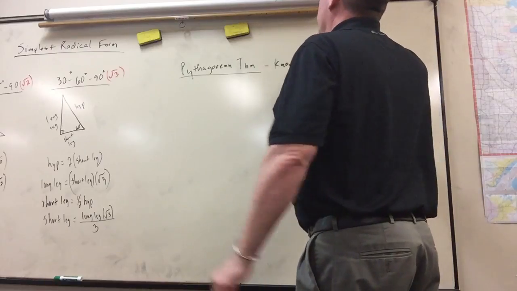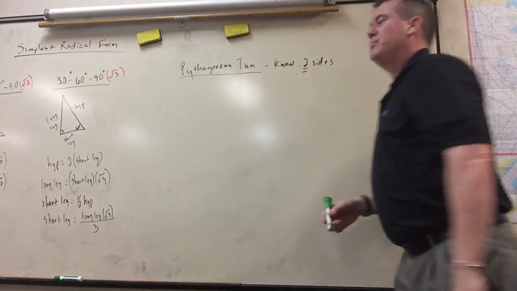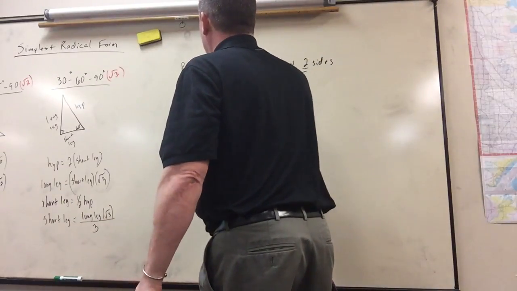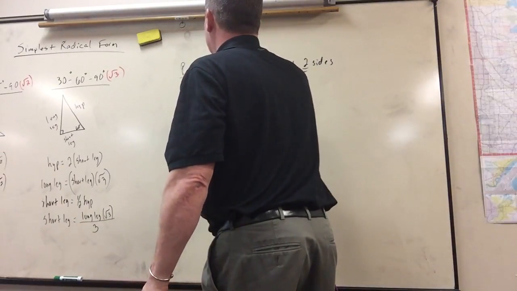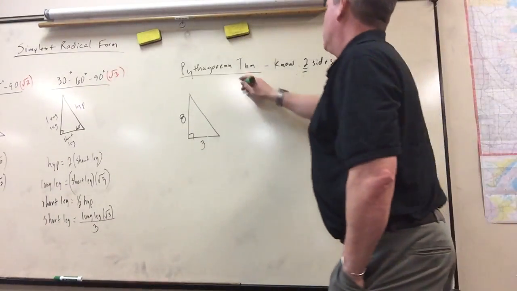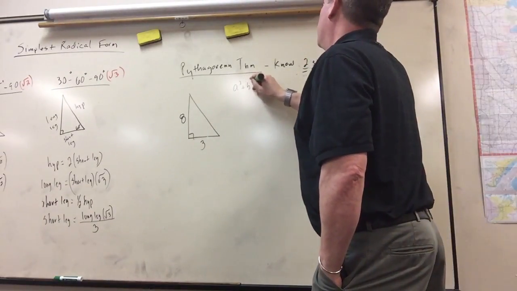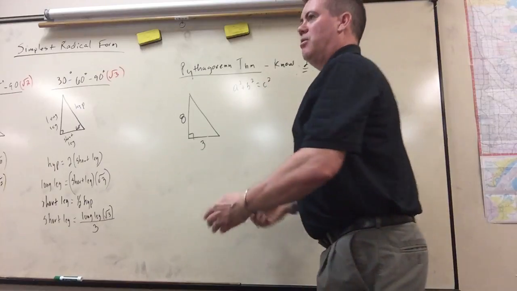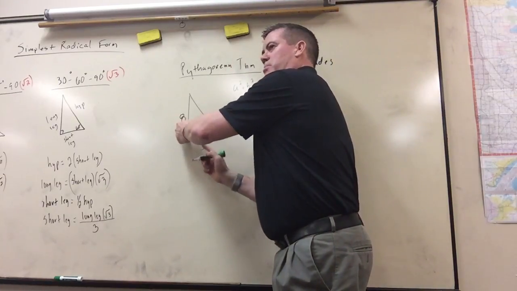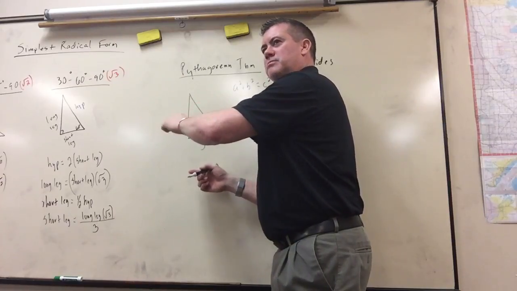The special triangles, you only know one side. So if you know two sides, you can find the third by doing a squared plus b squared equals c squared. Now, remember the shortcut? It's just this squared plus this squared, and then you square root it.